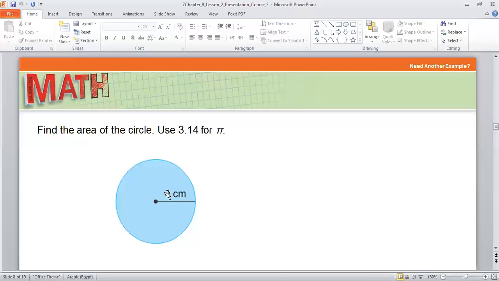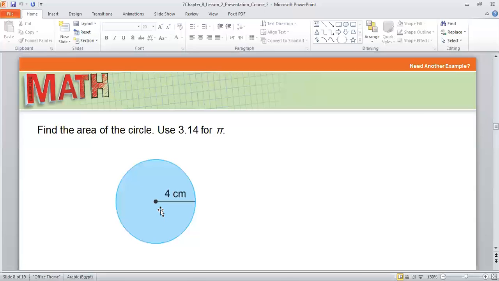After that, we will remove r and put 4. We will substitute r by 4. So the rule now is what? 3.14 times 4 power 2, right? Can you complete and calculate the area?